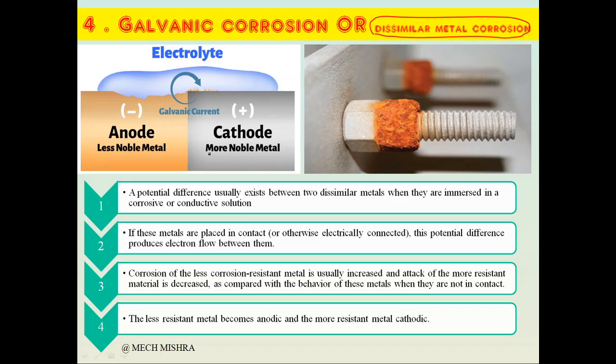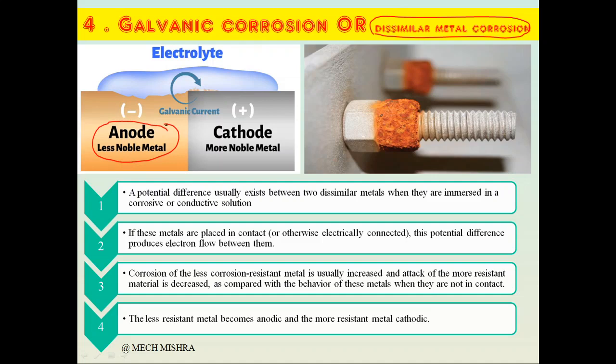But the reactive metal which is less noble will start corroding and work as an anode, and the noble metal will work as a cathode, and a galvanic cell will form, and the less noble metal will start corroding. That is called galvanic corrosion.